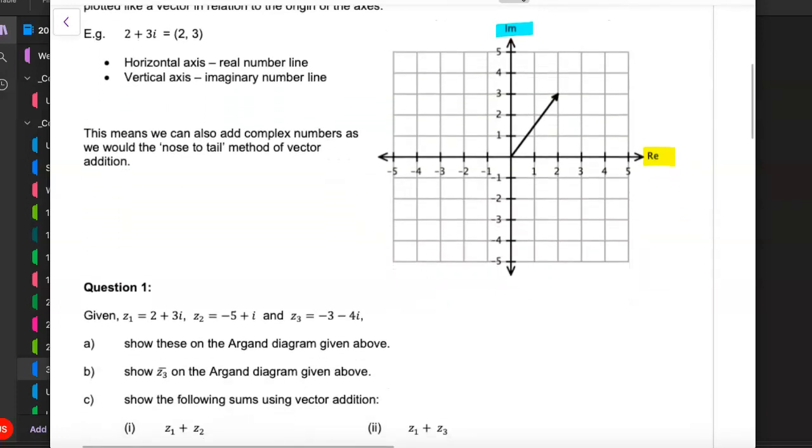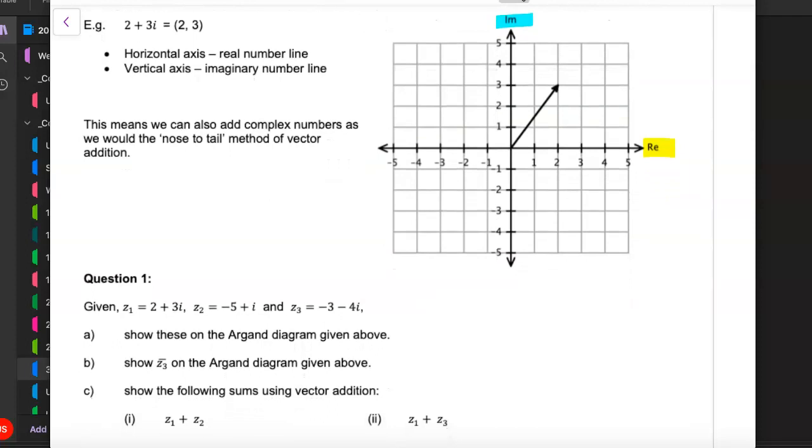So we know from our calculations that we can actually add together and multiply complex numbers to find more complex numbers, essentially. So in our first question, I've got z1 equaling 2 plus 3i, which I've plotted. I've got z2 equaling negative 5 plus i, and z3 equaling negative 3 subtract 4i.